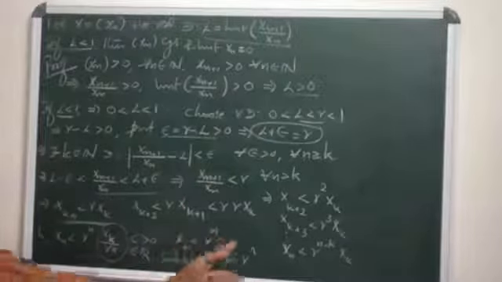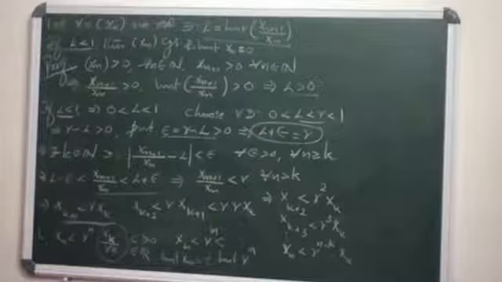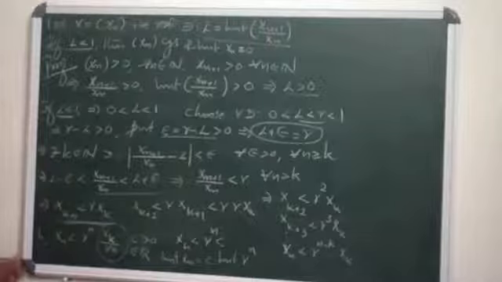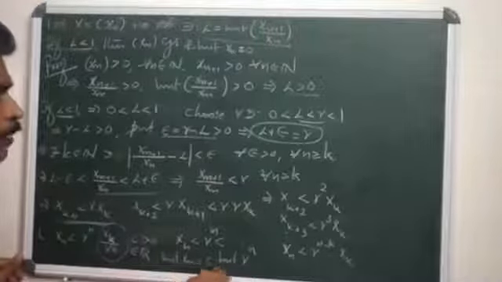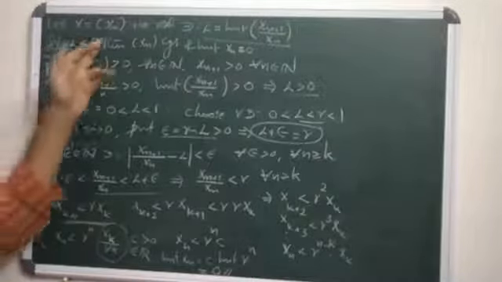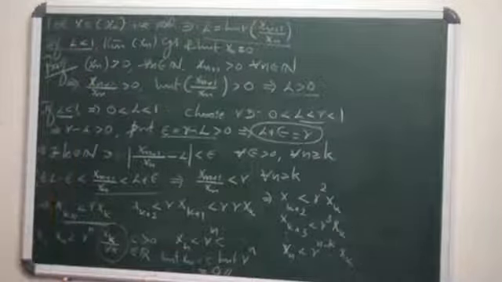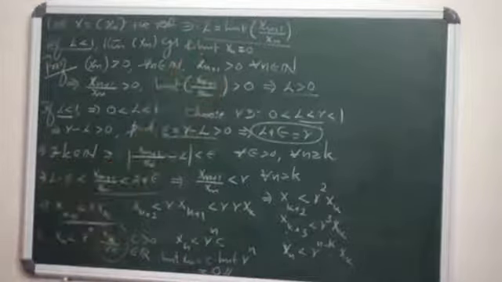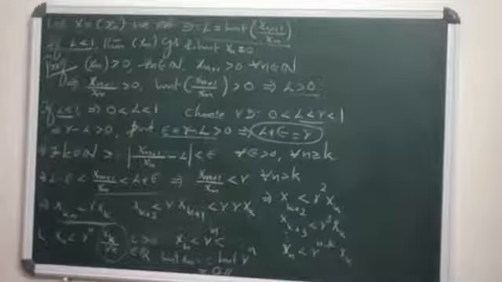So when n goes to infinity, this r^n goes to 0. Therefore, limit x_n equals 0. That is what we require here. This is our requirement: the sequence x_n converges and its limit is 0. So limit x_n equals 0. So this is a very interesting result. Clear?